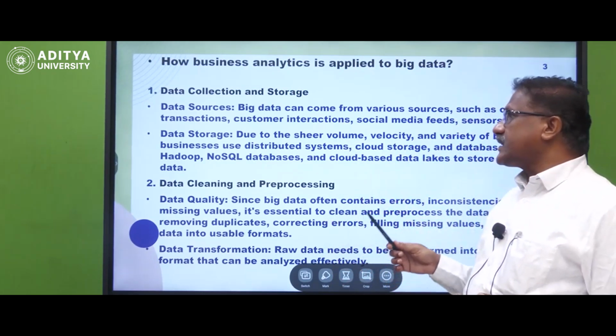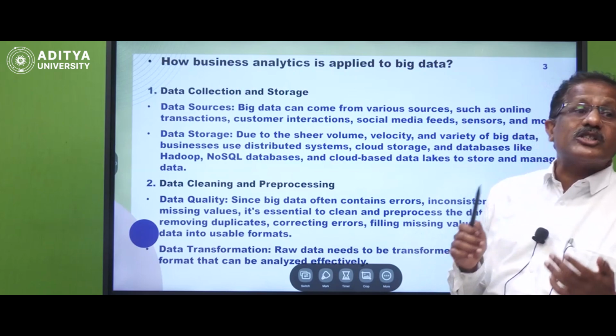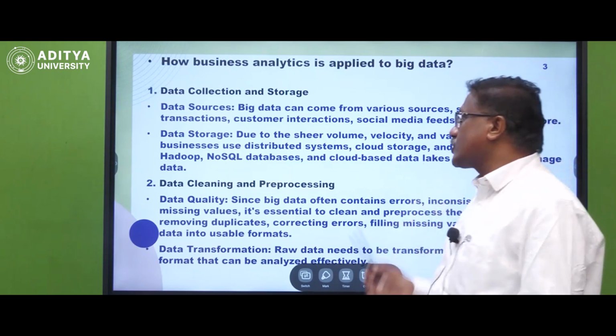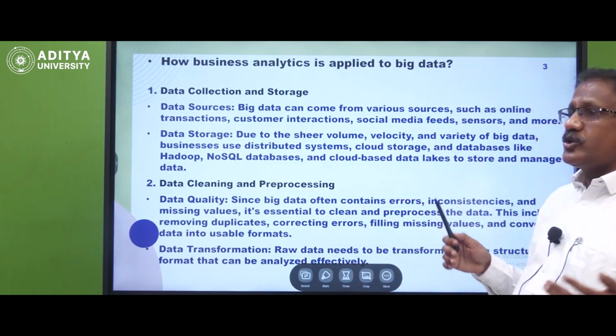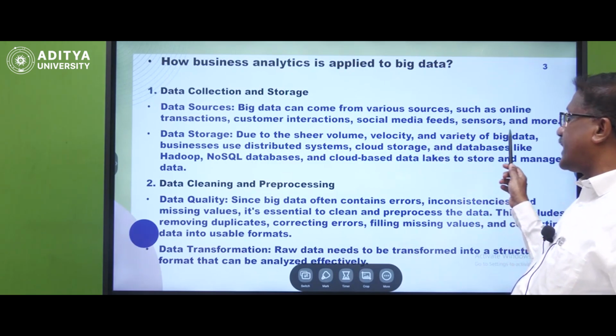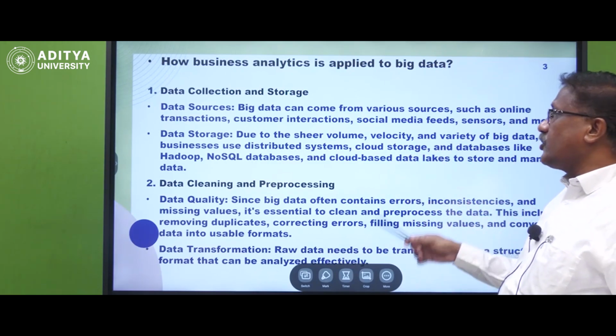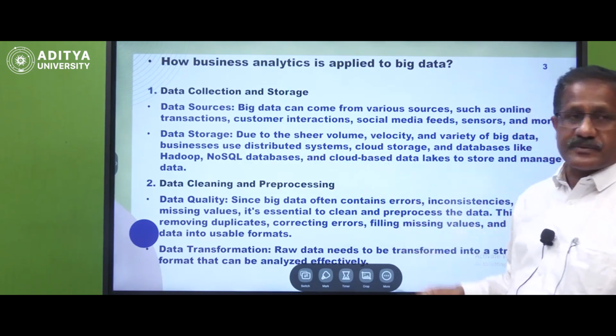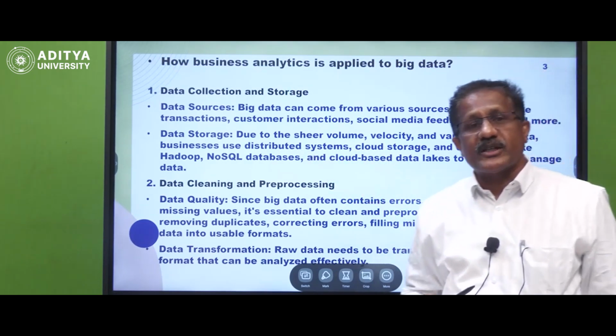The second point is data storage, where we are going to store the data. Due to the sheer volume, velocity and variety, that is the 3 V's, we already know that we have to use distributed systems. What do you mean by a distributed system?